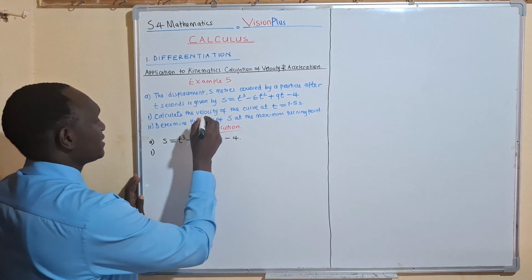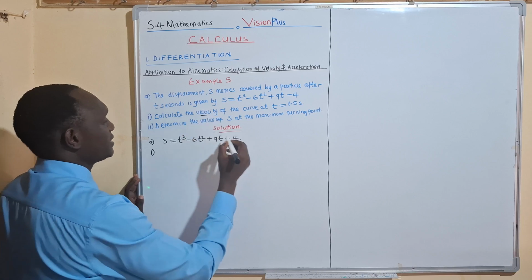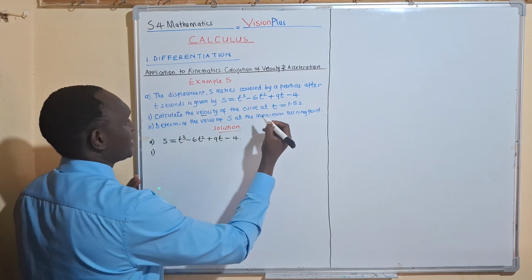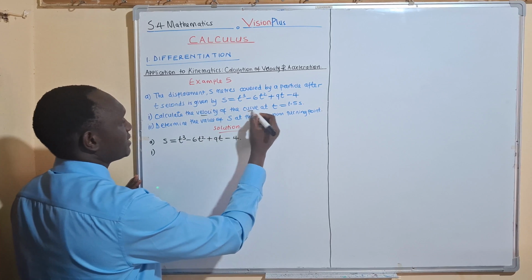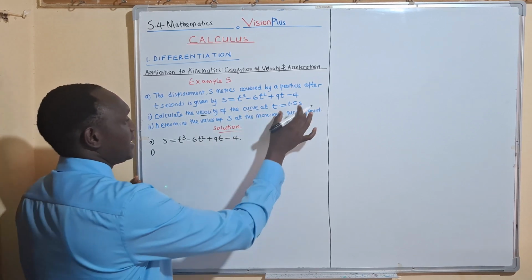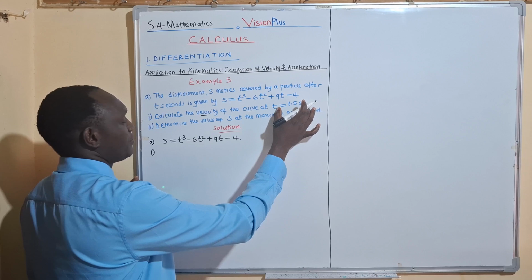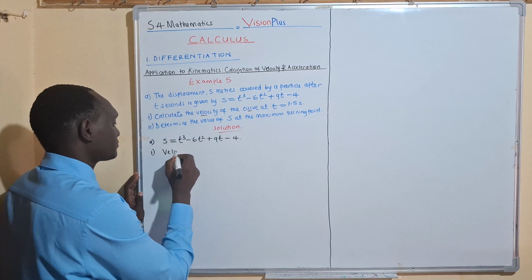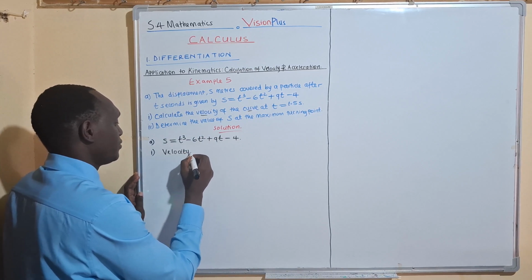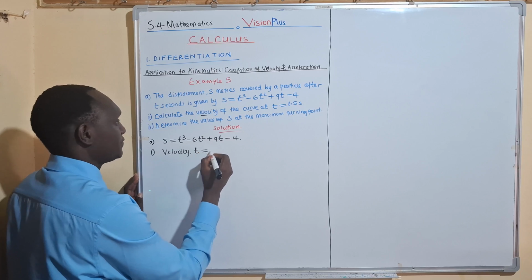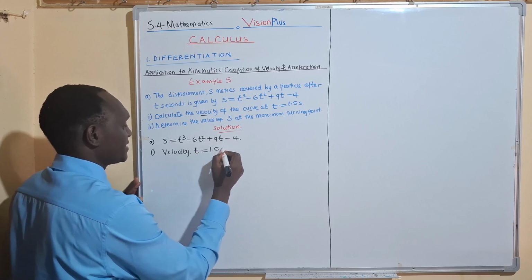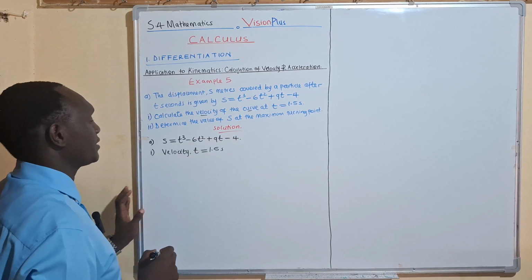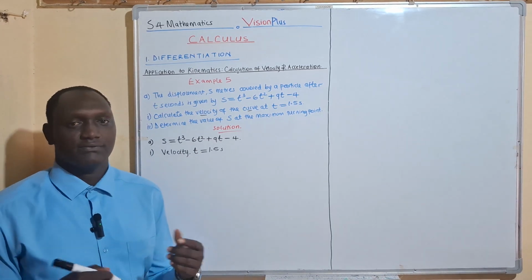Roman 1 says, calculate the velocity of this particle, which is described by a curve, at the time 1.5 seconds. So the velocity when the time of the motion is 1.5 seconds. This is the curve.